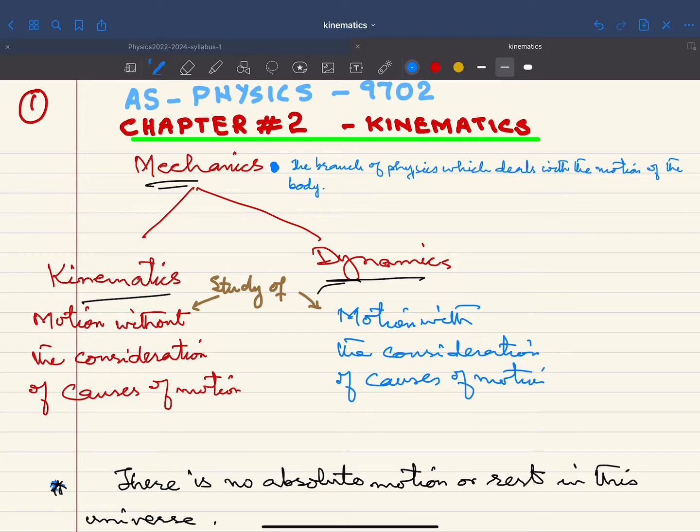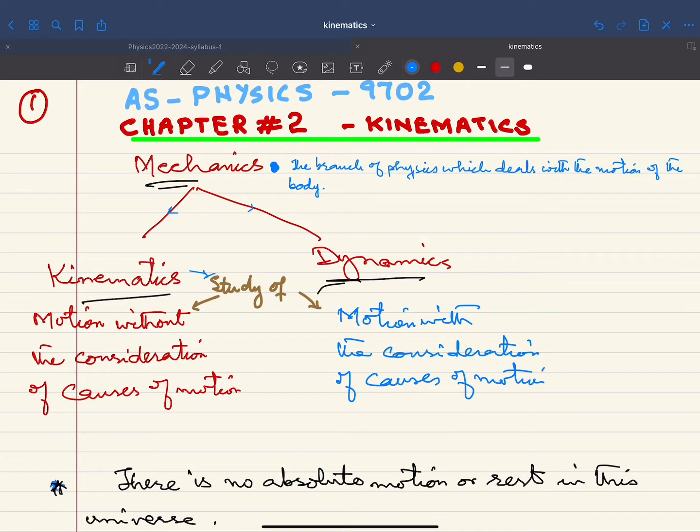Basically, we can have two branches of mechanics. One branch is kinematics, the other branch is dynamics. Kinematics is the study of motion without the consideration of causes of motion.